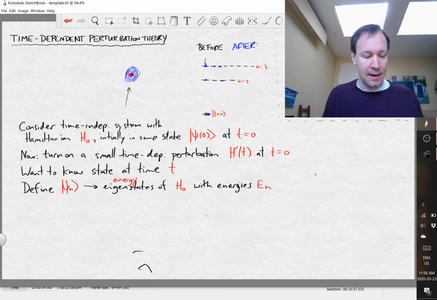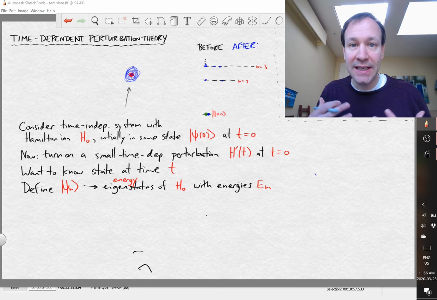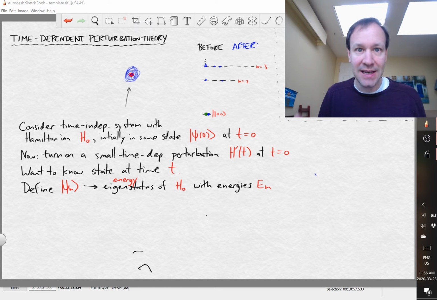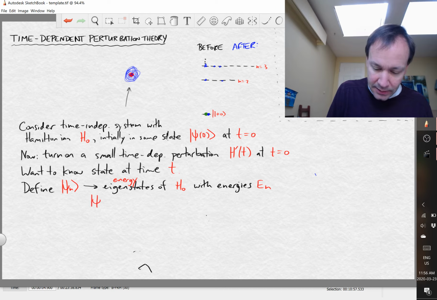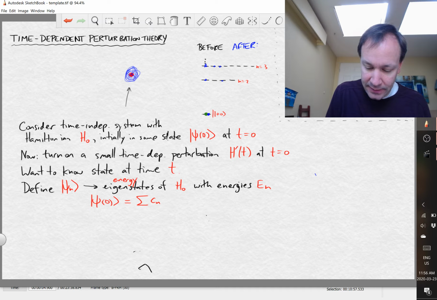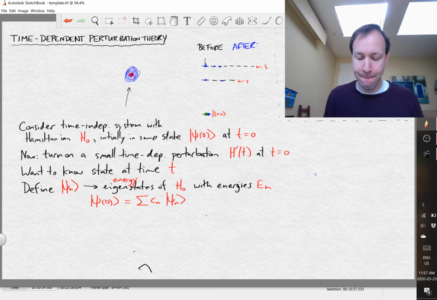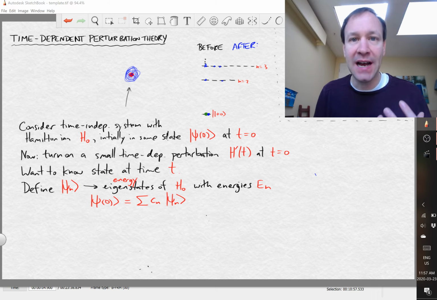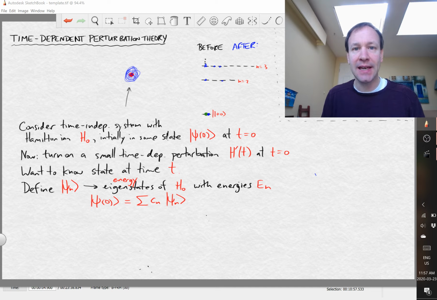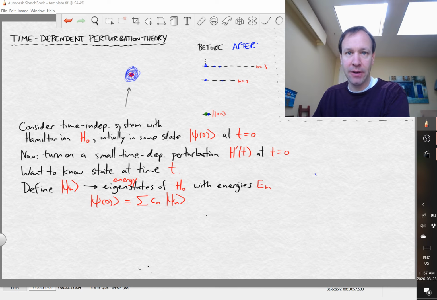Okay, and now we have some initial state, psi 0, but we know that we can expand that as a linear combination of these energy eigenstates. So let's write psi of 0 as some sum of Cn times psi n. Okay, and so we already solved the problem of what is the time evolution of that state in the case where we don't have a time-dependent perturbation.